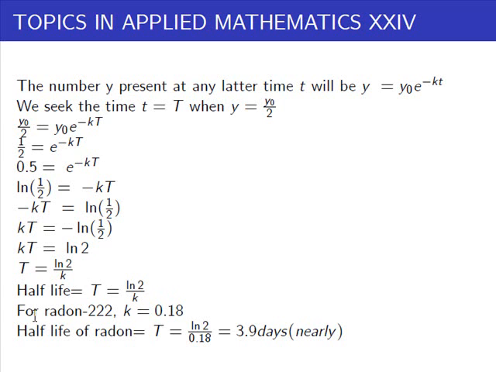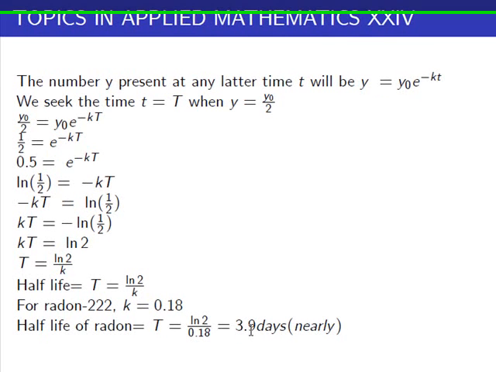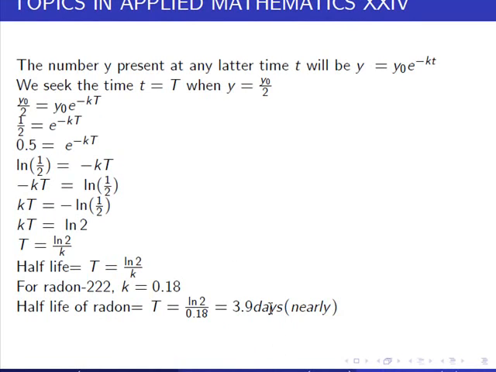For example, for radon, the value of k is 0.18. So the half-life of the element radon is T equal to log of 2 divided by 0.18, that is equal to 3.9 days nearly. And this is independent of the original quantity.